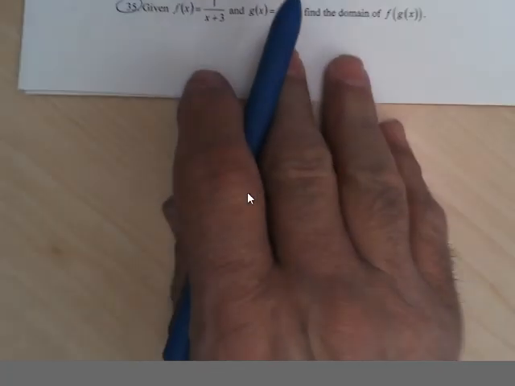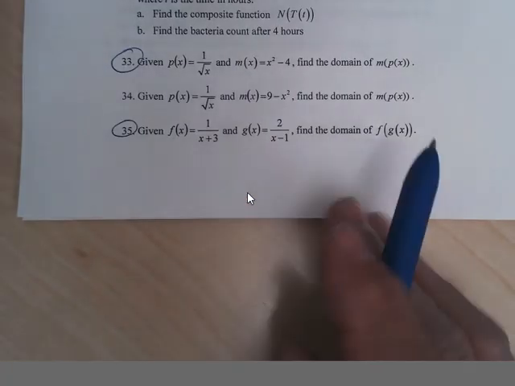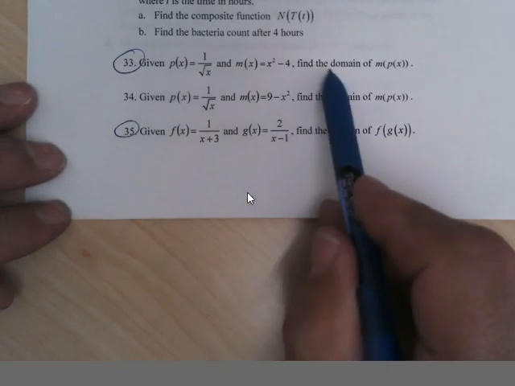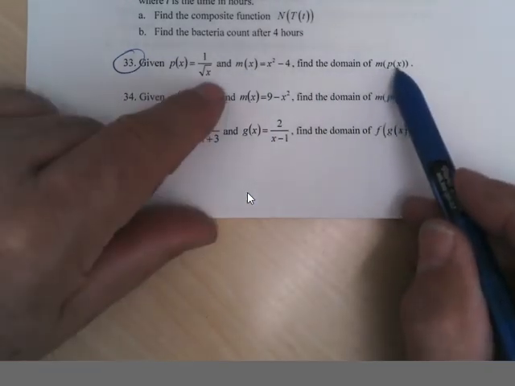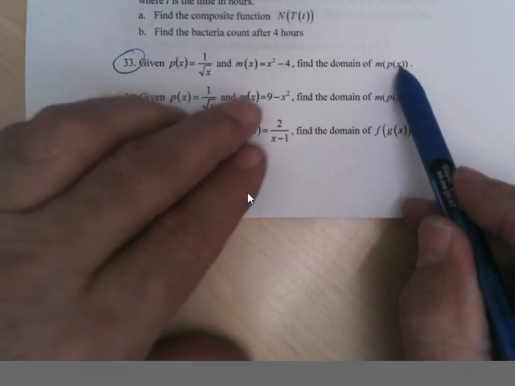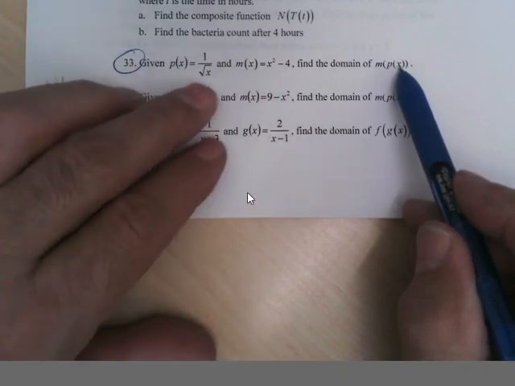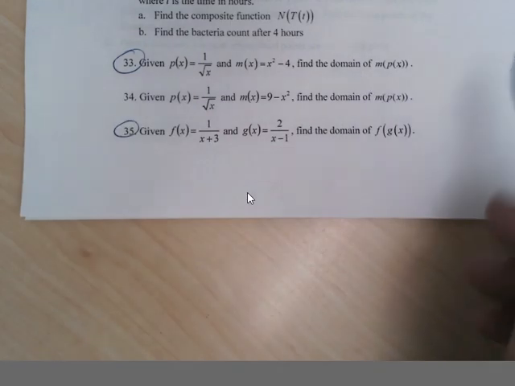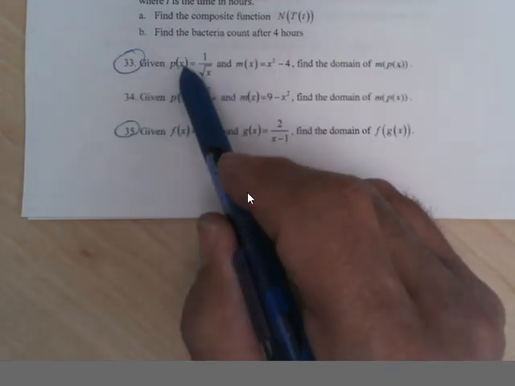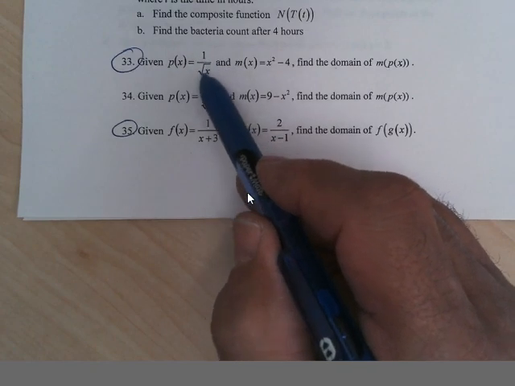33. P is this, M is this, find the domain of M of P of x. So in a problem like this, you have to put stuff in, and domain is what you're putting in. So we have to be able to put it into P. Is there anything that we can't put into P here?